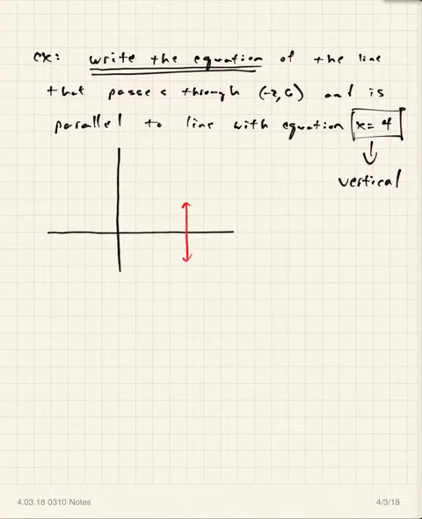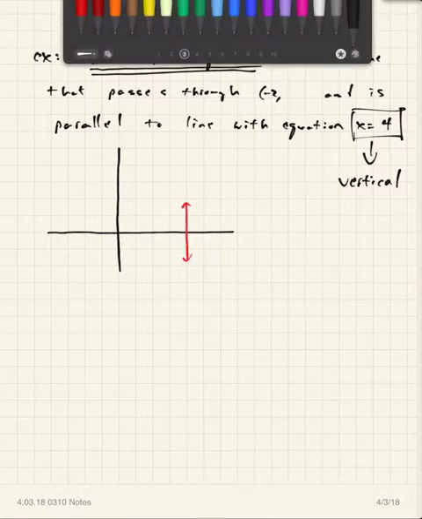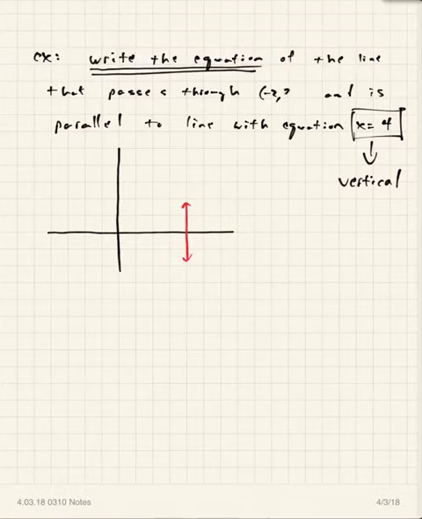Oh, I'm going to cheat here. I'm going to change the problem. You are not allowed to do this. You can't change a problem, but I can, just because I want to get this on my picture here. So let's say it goes through (-2, 3) instead of (-2, 6). That way it's a little bit easier to see. All right, so (-2, 3) is this point right here.